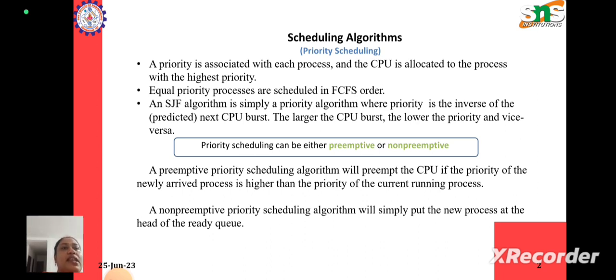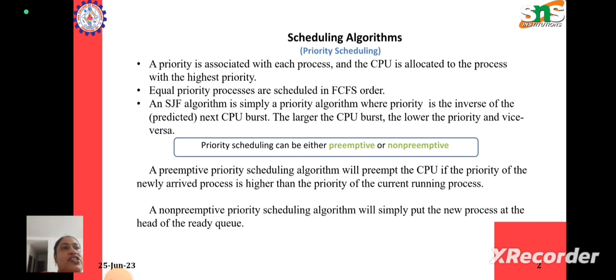The larger the CPU burst, the lower the priority; the smaller the CPU burst, the higher the priority. So this algorithm is also simply a priority algorithm with this factor.